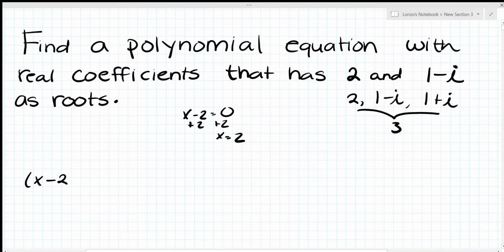Now I'm going to focus on the 1 minus i and the 1 plus i. I'm going to use brackets. This is how you set it up.